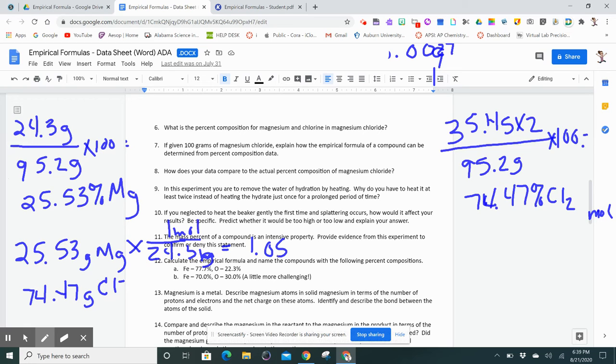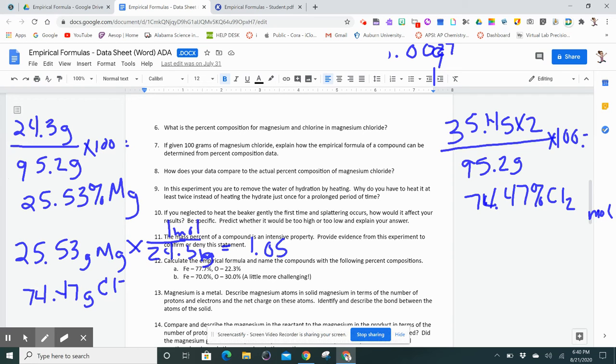And then 74.47 divided by chlorine, 35.45 times 2, 70.9.